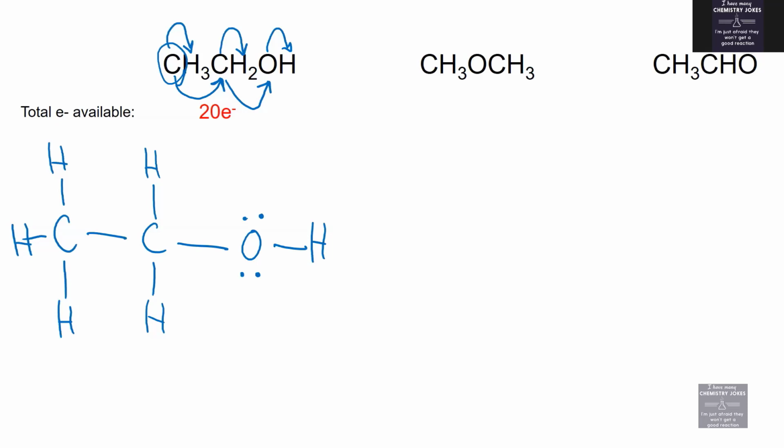All right, so I said we are going to draw more Lewis structures today and learn more functional groups. It's time to talk about the functional group or groups in this molecule. This bit of the molecule makes this thing an alcohol.